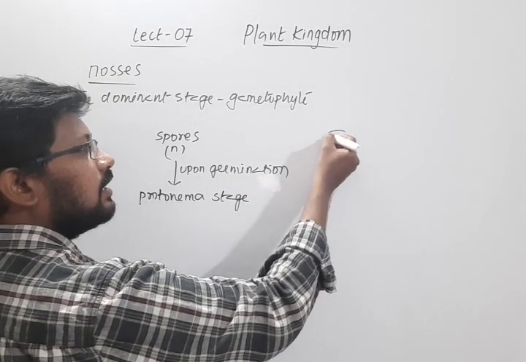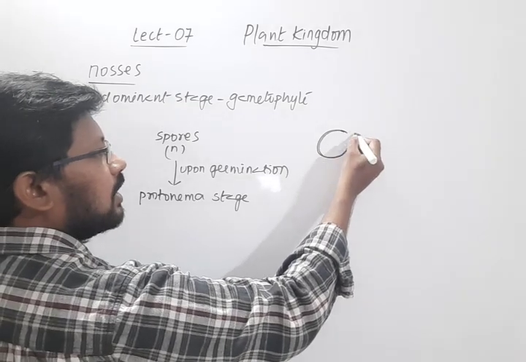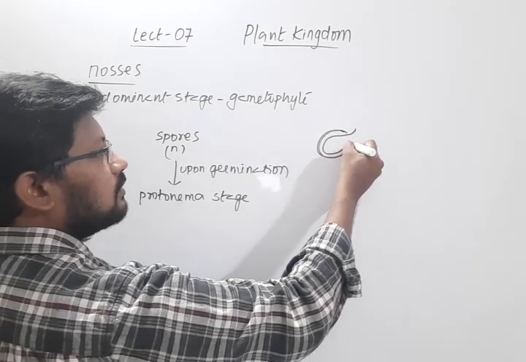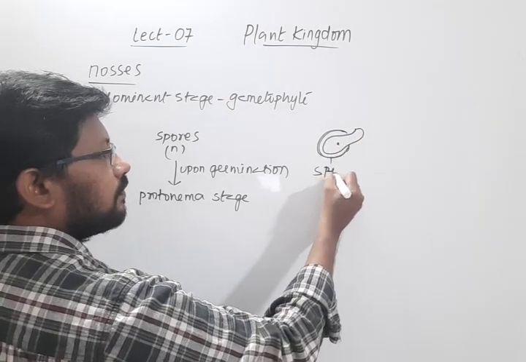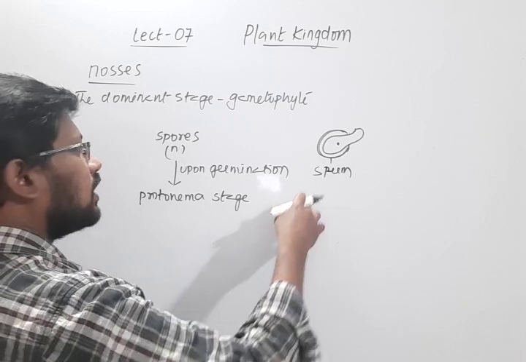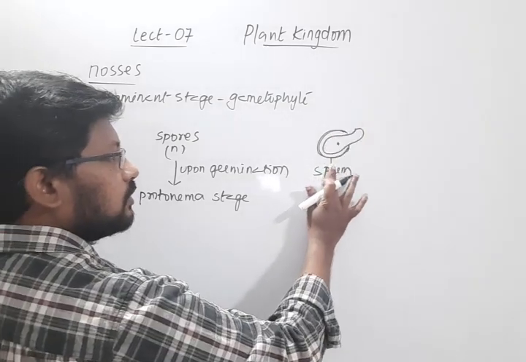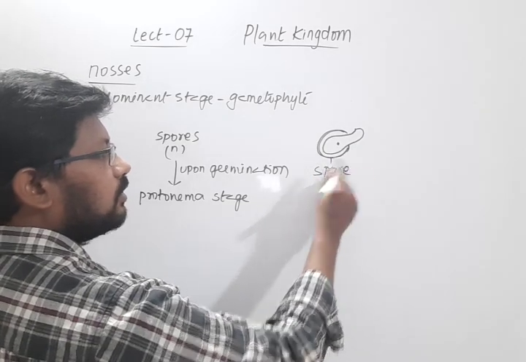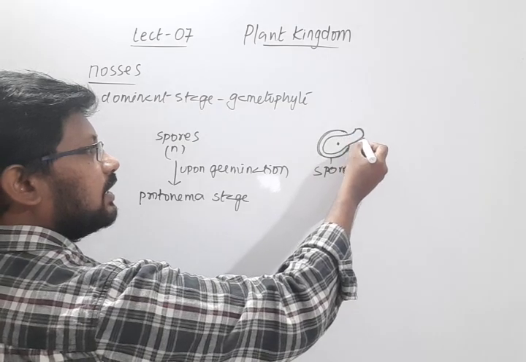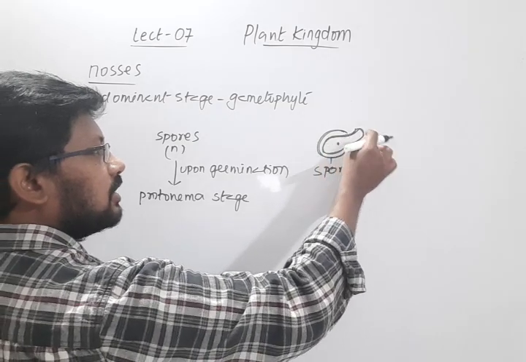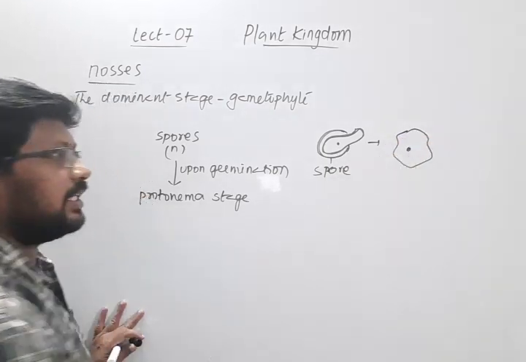You can see here, suppose this is the spore, and emerging out from the spore, this is how the germination takes place. The spore breaks open, and the inside structure comes out and starts growing on its own.